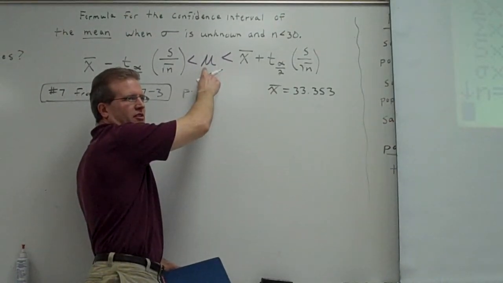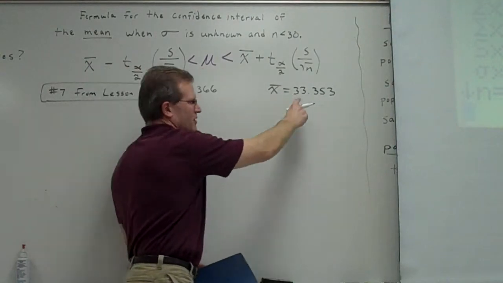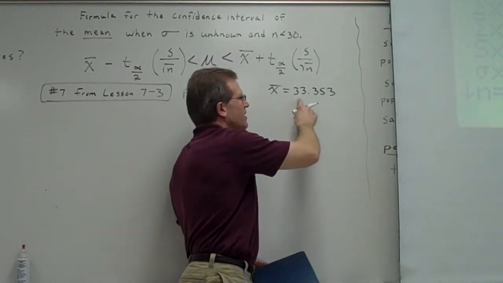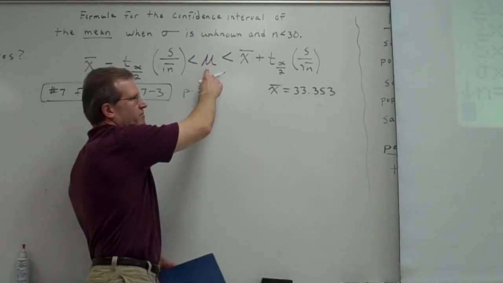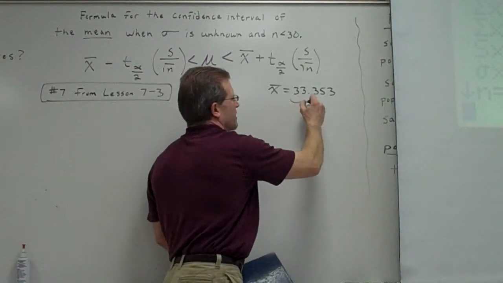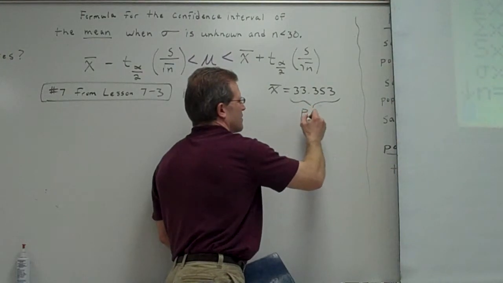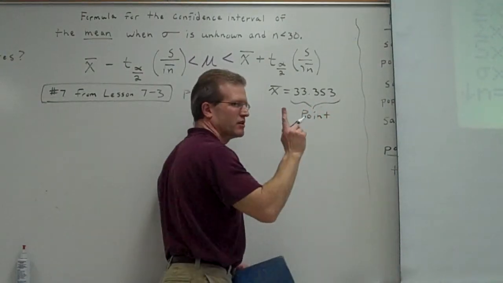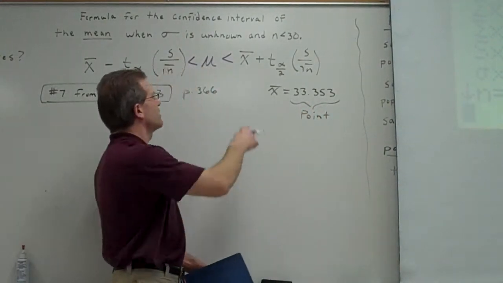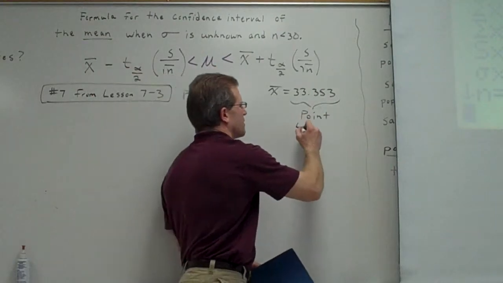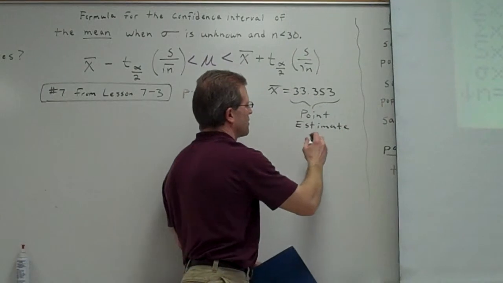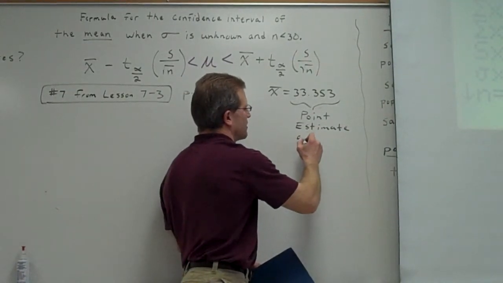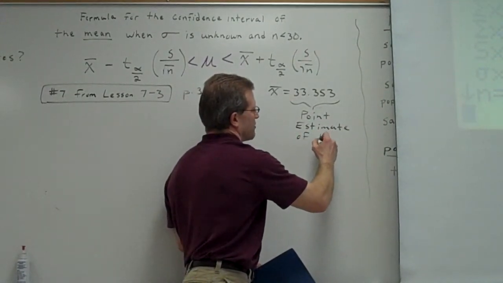What's the best estimate I could use? 33.353. Your sample mean is your best point estimate of your population mean. So this is your point estimate right here. A point estimate is one number that would best estimate the population mean. That would be the first answer on number 7.